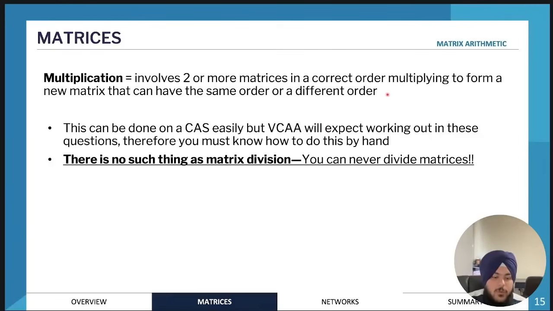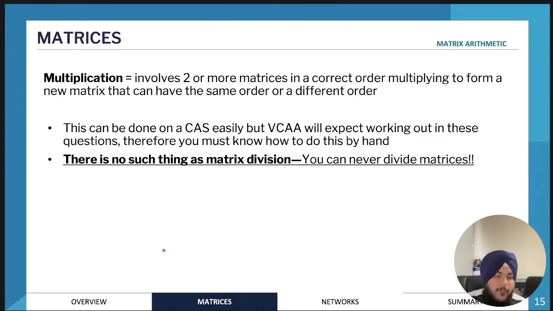Okay, so next we'll move on to matrix multiplication. Matrix multiplication is a little bit different, but it can be done on your CAS, and Weka will most of the time not expect you to do it by hand. But it's really important to be able to do it by hand, and I'll show you why.